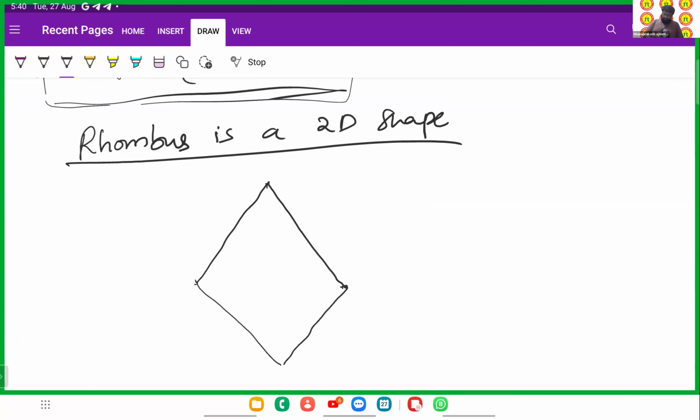So in rhombus, this will be the diagram. For a better diagram, you can see your notes, but please understand the concept here. Let the vertices be A, B, C, D. I will join a diagonal connecting two opposite points.